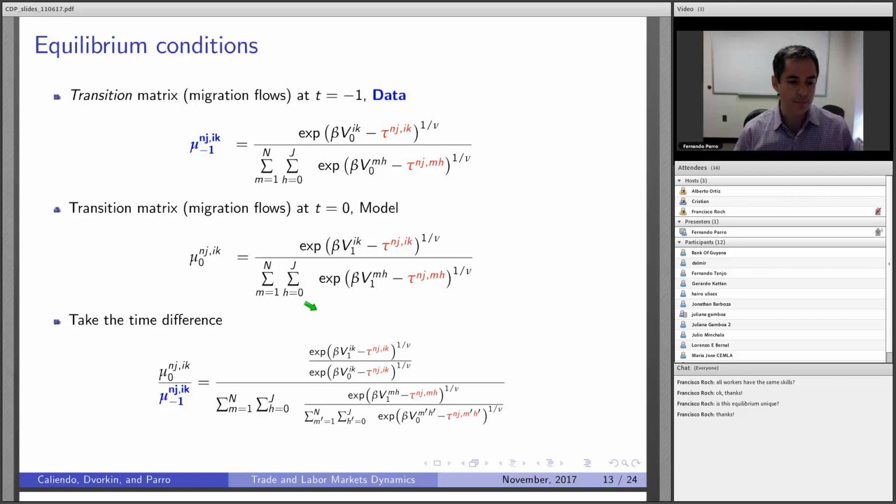So we're going to take the time difference: mu 0 divided by mu minus 1, where mu minus 1 is taken as given from the data. It's the initial migration flows in the model.